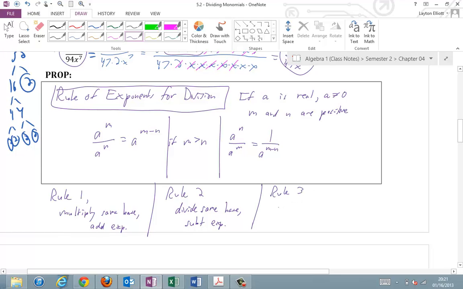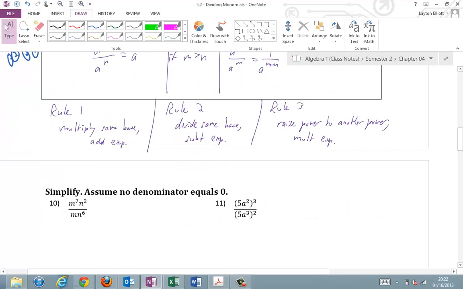And rule 3, which we've already done. That's the power of powers. Raise power to another power, and you multiply the exponents. We've done rule 1, we've done rule 3, we've now just done rule 2. We have 3 rules of exponents, and let's do some problems.